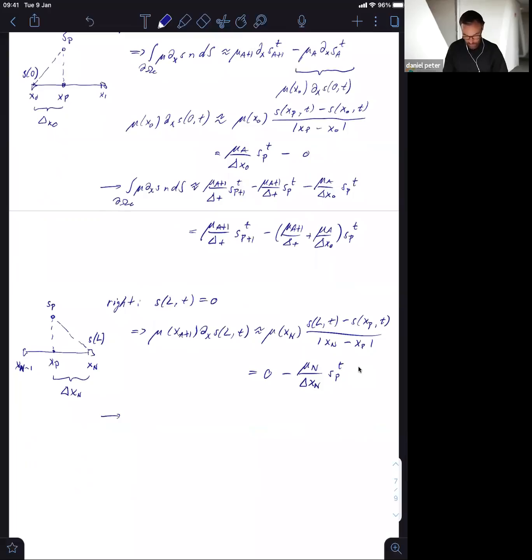And so the full grid cell would look something like that.